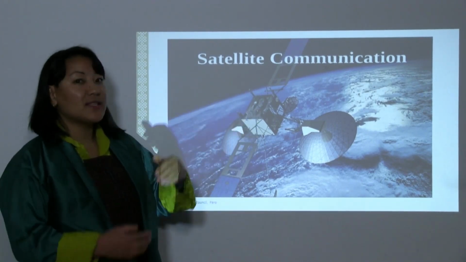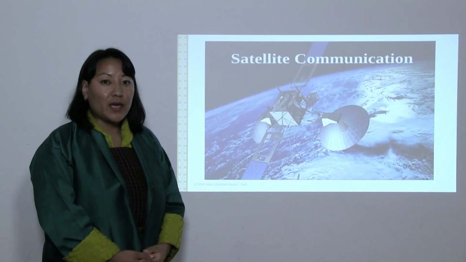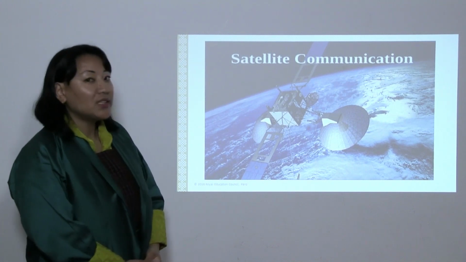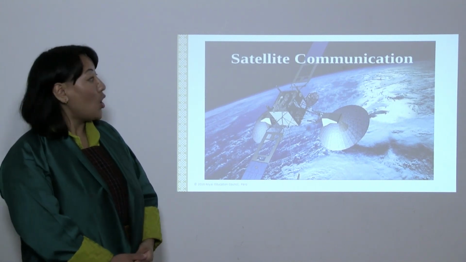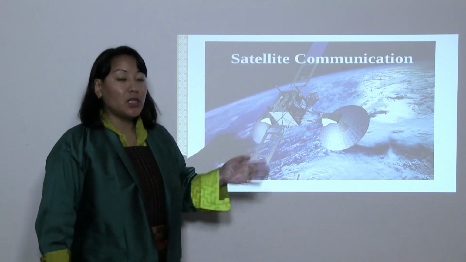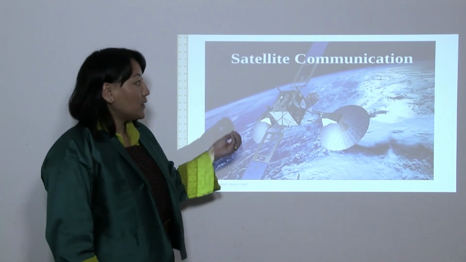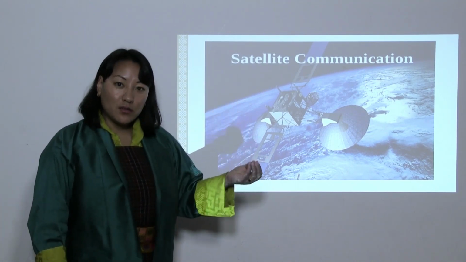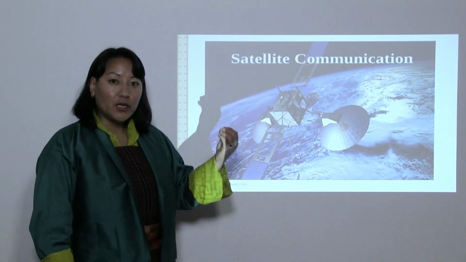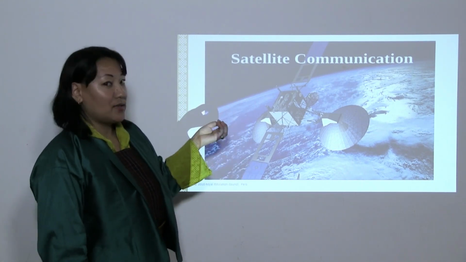So what do you mean by satellite? A satellite is a small object that revolves around a large object in an orbit. For example, the moon revolves around the earth, so the moon becomes the natural satellite of the earth. We can also have an artificial satellite.